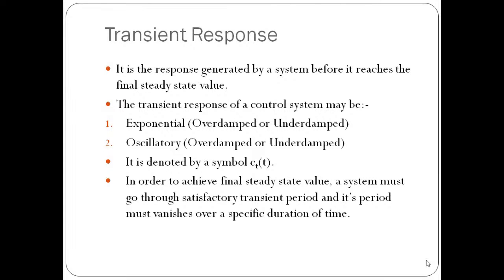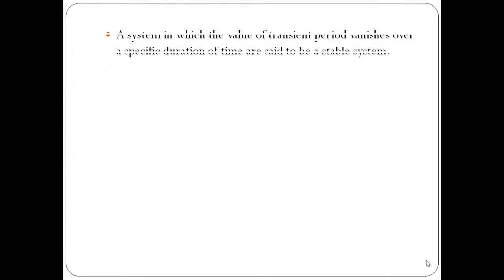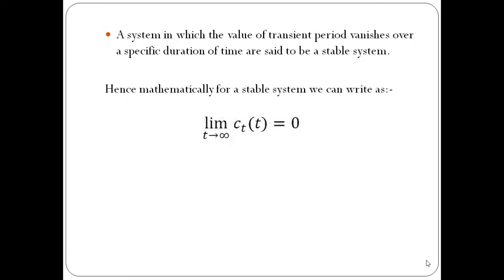This is very important, and through this we can identify the stability of a system. And we can also comment on the system time constant, and mathematically we can write this equation like limit t tends to infinity, Ct of t must be 0.